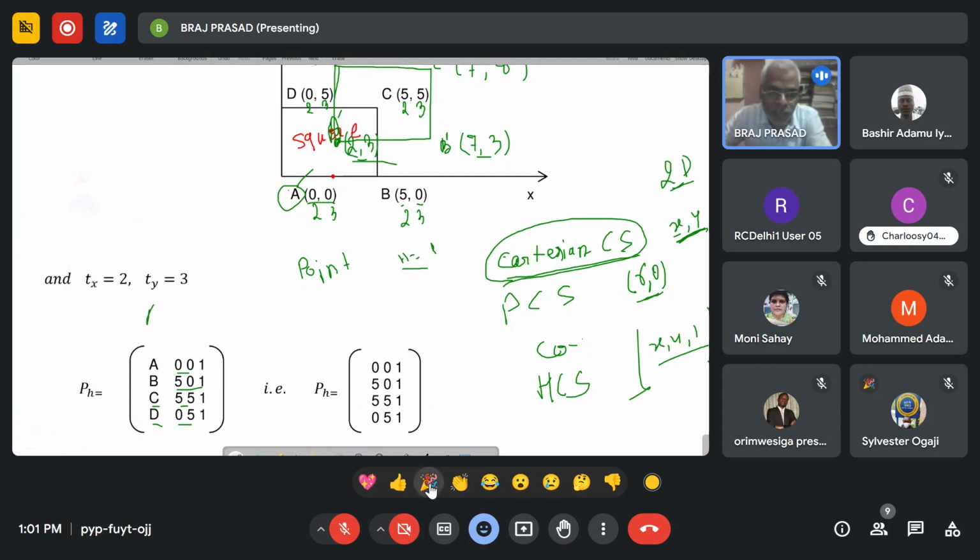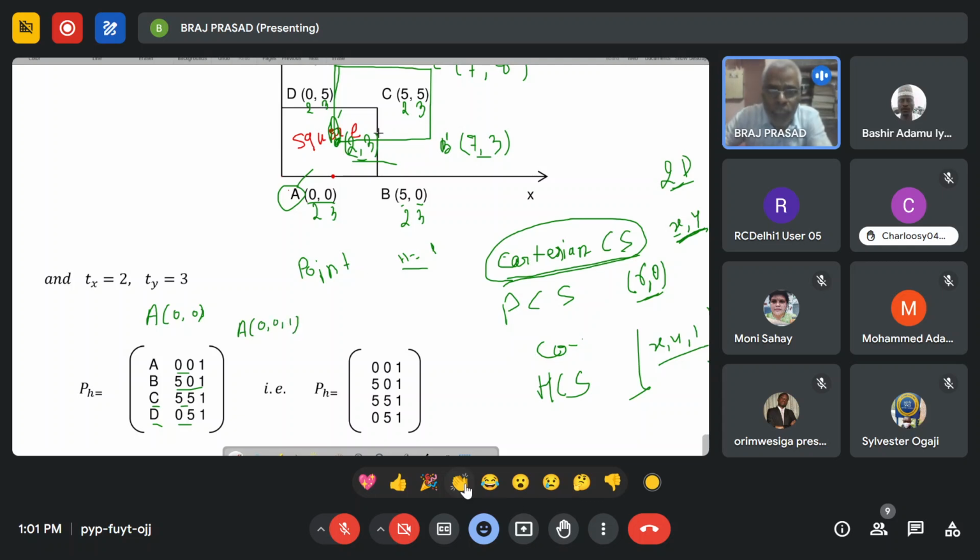The coordinate of A is 0 0 in the Cartesian coordinate system, you know. But if you represent it in a homogeneous coordinate system, you have to add one extra coordinate, called h, and the value of h is 1. So 0 0 1.